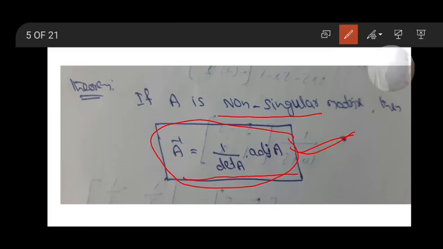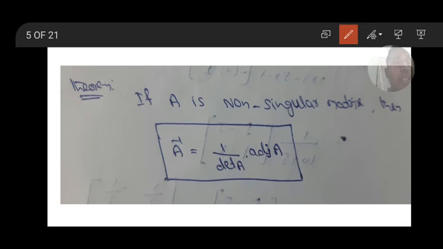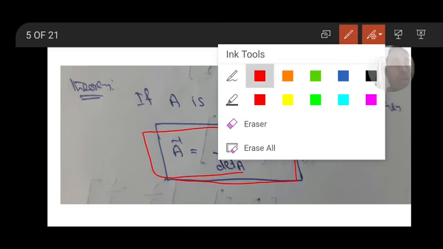That's why 1 by det A is there. If det A is 0, it is undefined. 1 by 0 means infinity, not defined. That's why it must be non-singular, meaning the determinant is not equal to 0. So if A is a non-singular matrix, then A inverse is 1 by det A into adjoint A. It is the formula.